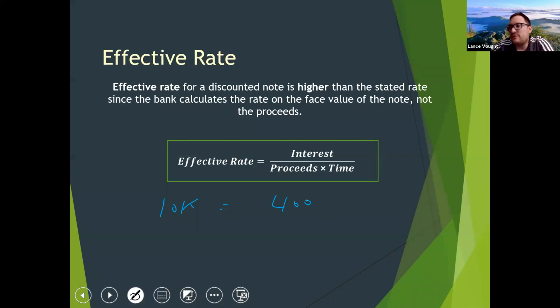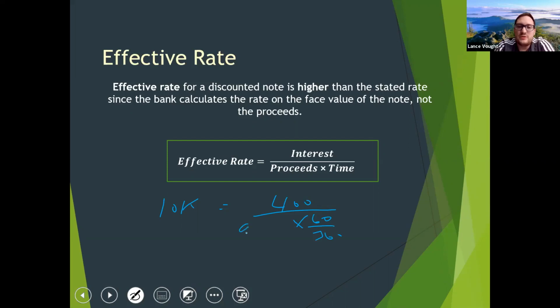So it's 400 times 1 divided by 6 times 10,000. So you're paying $400 back and you're paying it in 60 days.